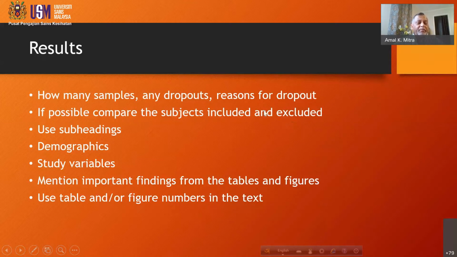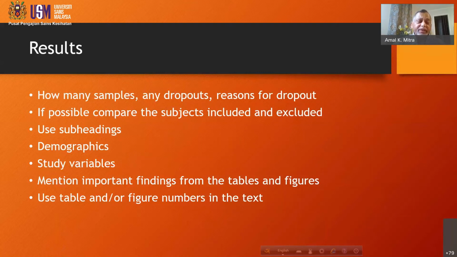Compare them and make separate tables. But because the number of tables is limited in a journal, we generally do not include this kind of table, but it's good to have the data in the text even though you do not include a separate table.